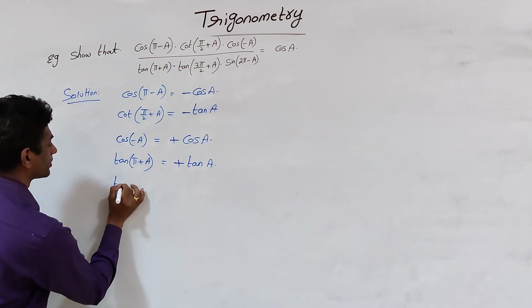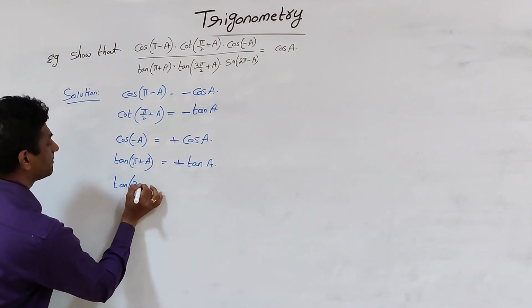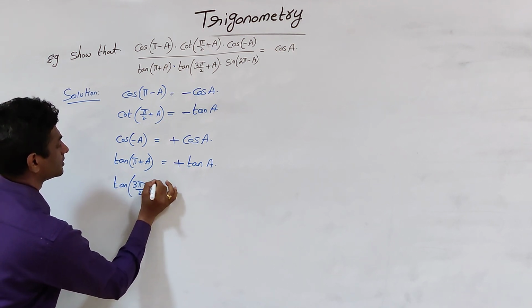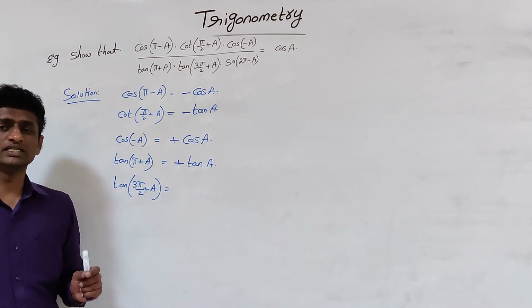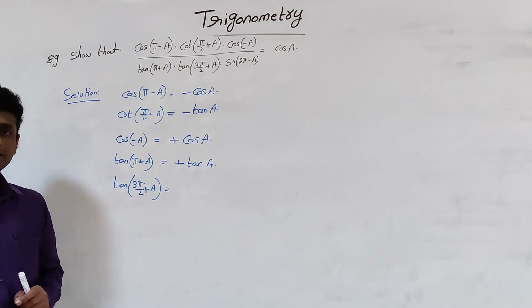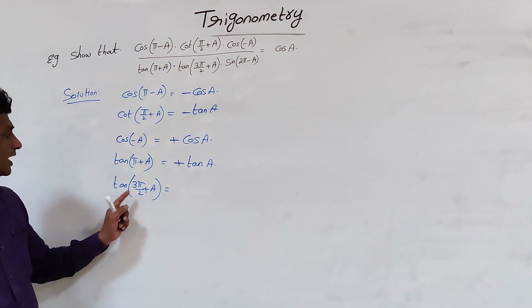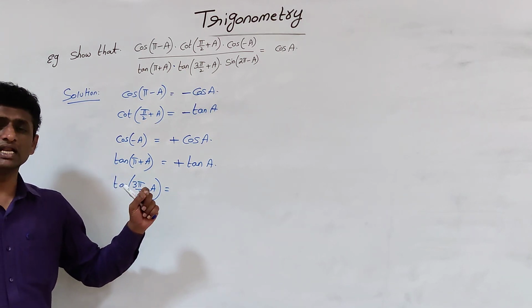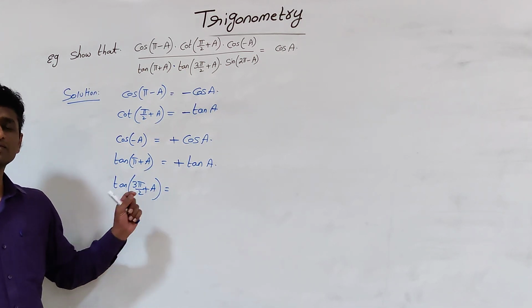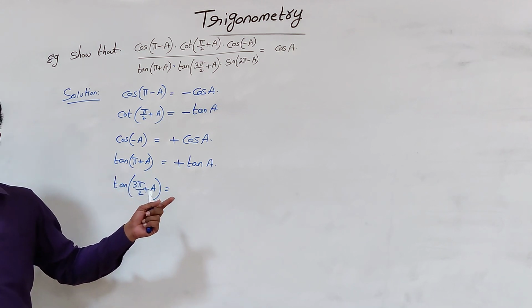Next, tan of 3 pi by 2 plus a. So 3 pi by 2 means it is an odd multiple of 90 degrees. So the trigonometric ratio changes, tan to cot. And 270 plus a is an angle that lies in the fourth quadrant. In the fourth quadrant, tan will have a negative sign.